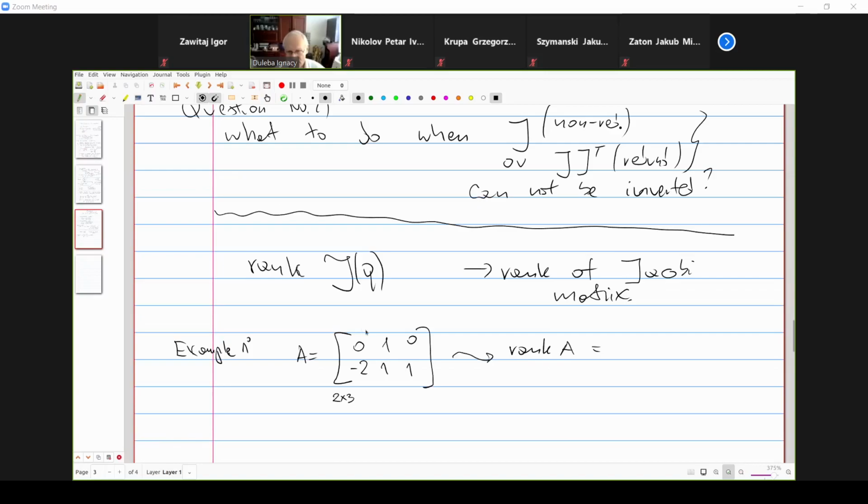So the rank of a matrix is such a number R that when I select from a given matrix a submatrix of A of the size R by R with non-zero determinant.